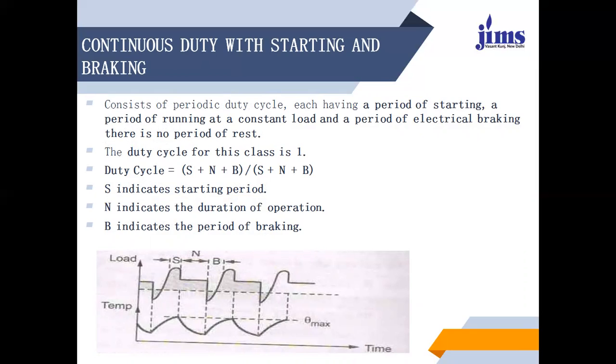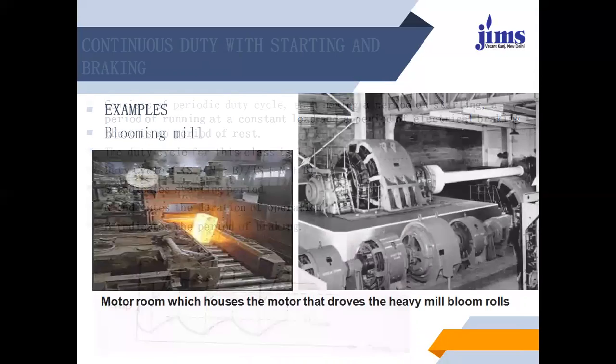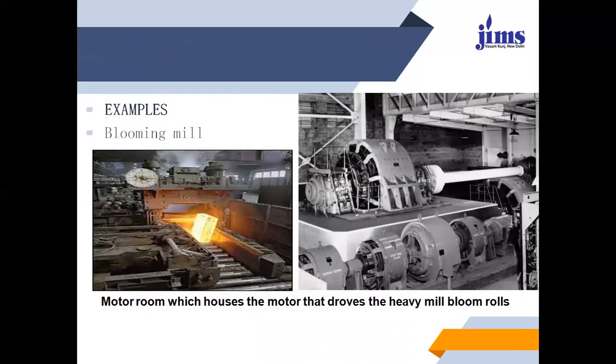The characteristics are shown in the curve, indicating how the load, temperature and time vary as the operation of the machine continues. An example of this is the blooming mill. Here we indicate the motor room which houses the motor that drives the heavy mill bloom rolls.